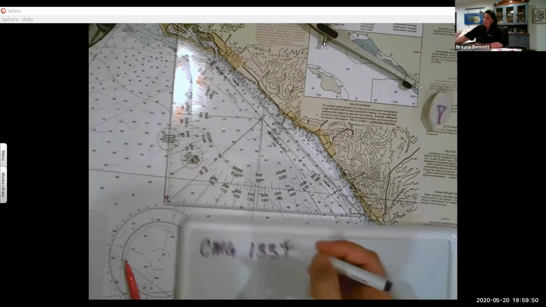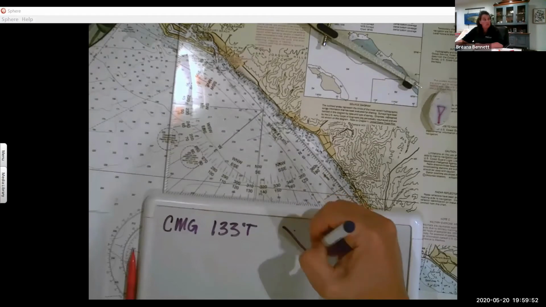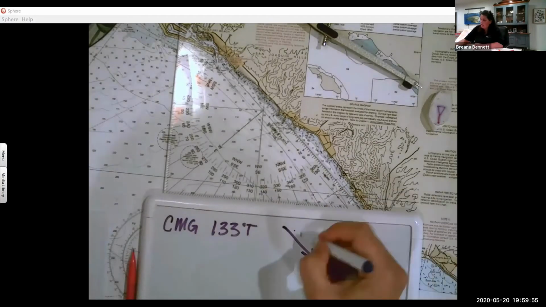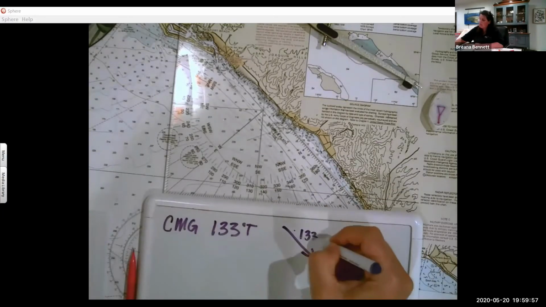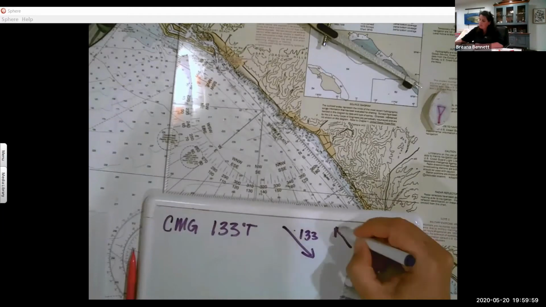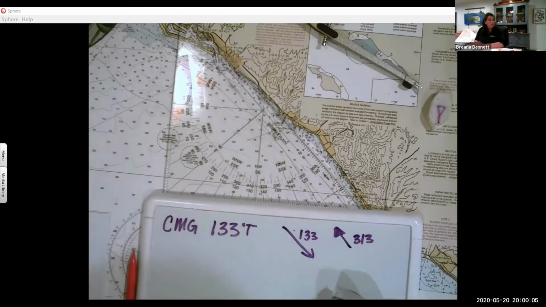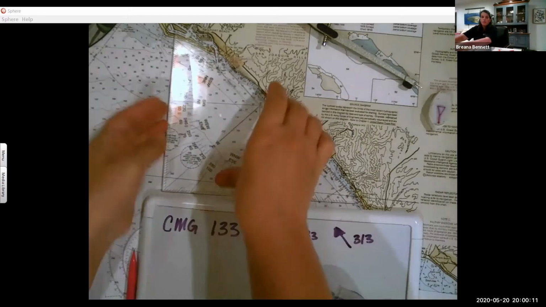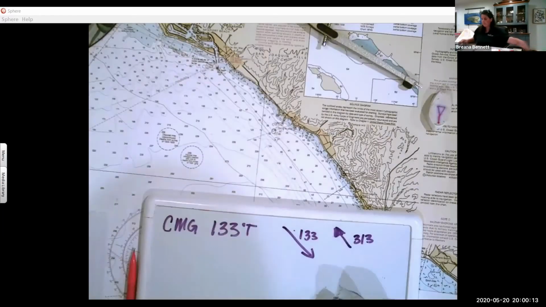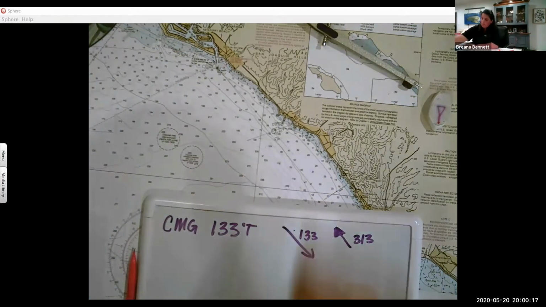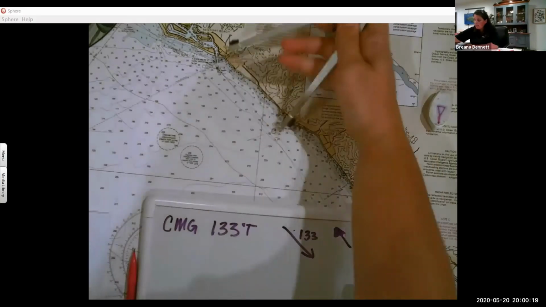So on that line, this direction is 133, where this direction, our bearing of it was the 313. Now for speed made good, we need to get our distance.